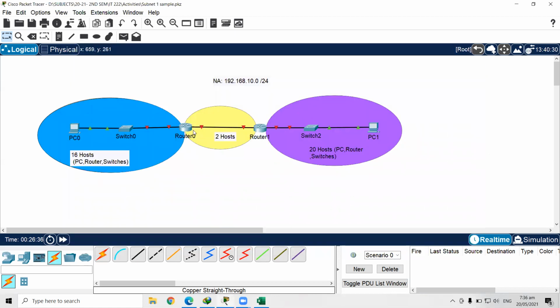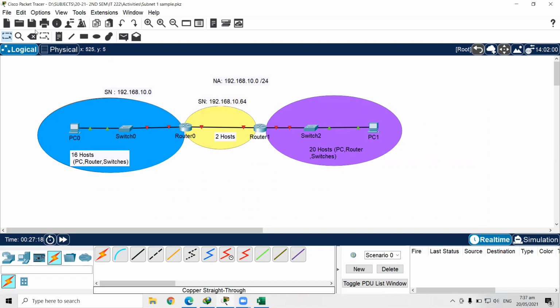Okay, so balikan natin to. So, na-define natin. So, eto ngayon, eto gagawin natin subnet 1. Subnet 1 is 192.168.10.0. That is the first subnet. Okay, eto namang second subnet natin is 192.168.10.64.